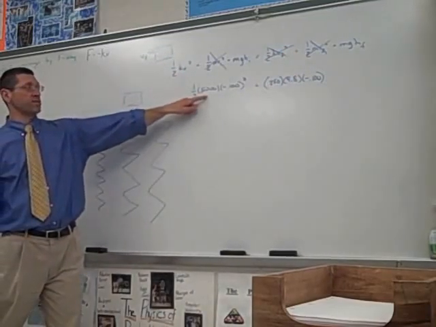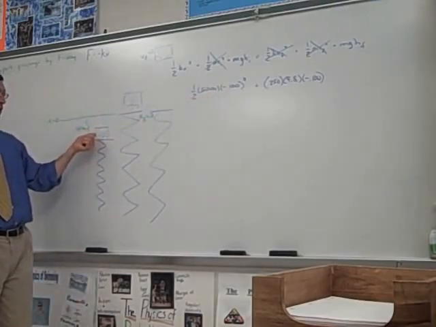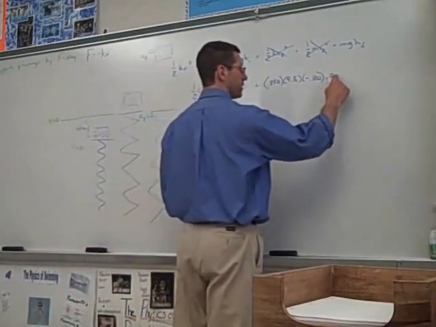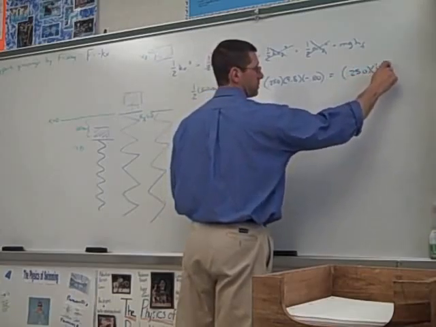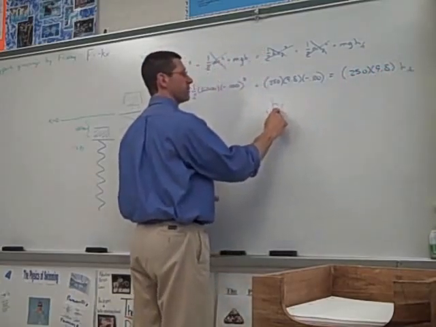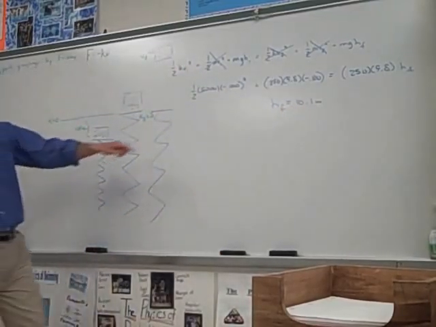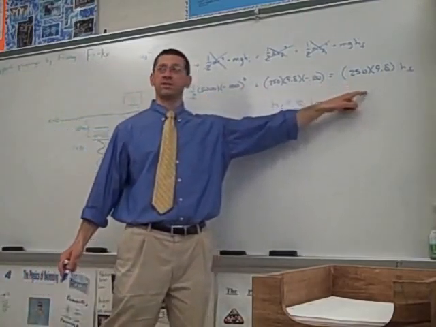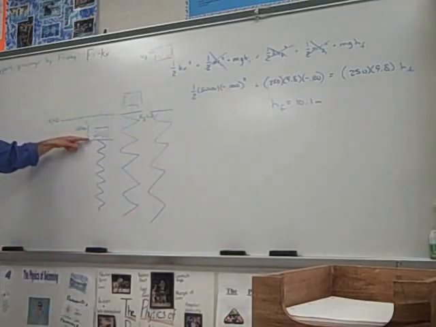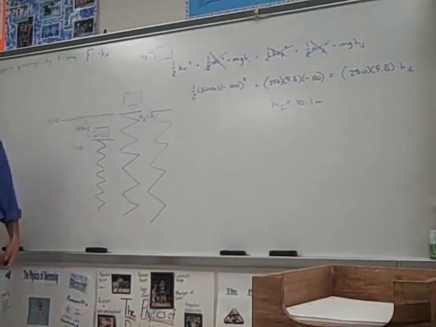So the spring's elastic potential plus the negative gravitational potential energy it had equals the final gravitational potential. So you get hf, and hf is 10.1 meters. If you didn't take account of this and you just said that elastic potential becomes final gravitational, that is true, but that would be relative to this point. So you would have gotten 10.2, but it would have been 10.2 above here, which means it's only 10.1 above the point we're asking about.